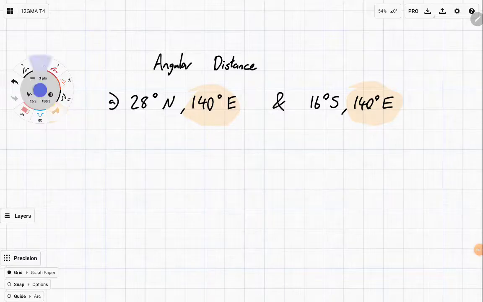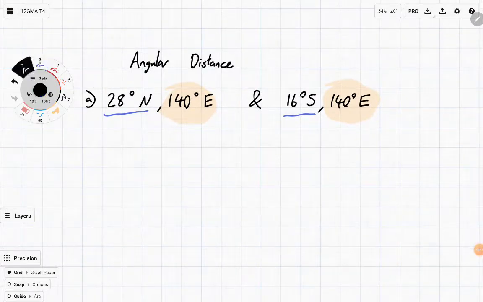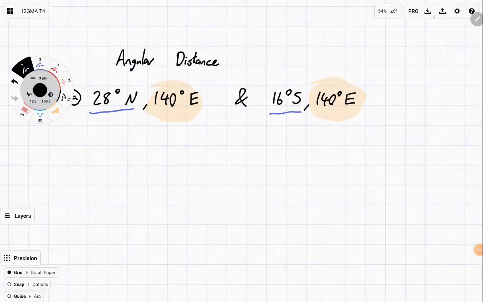So the angular distance is actually going to be between these two numbers here, 28 degrees north and 16 degrees south. Let me draw a picture. Now, they're both at the same longitude, which means they're on the same vertical line, but they're in different places. So we have one which is 28 degrees north and the other which is 16 degrees south.